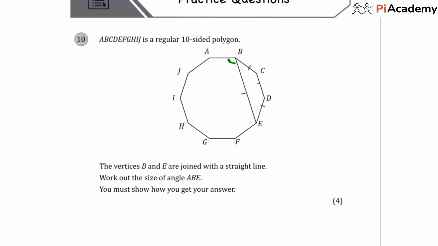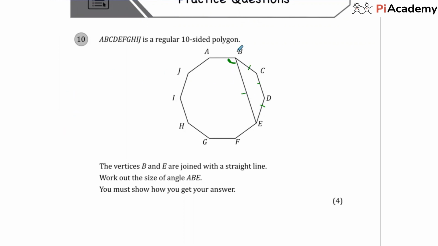So divide that by 10, you get 144. And then we know C and D is 144, and then you add those two up, which makes 288. Then you subtract that from 360, which gives you 72, I think. And then you divide that by 2, you get 36. And then you do 144 minus 36.